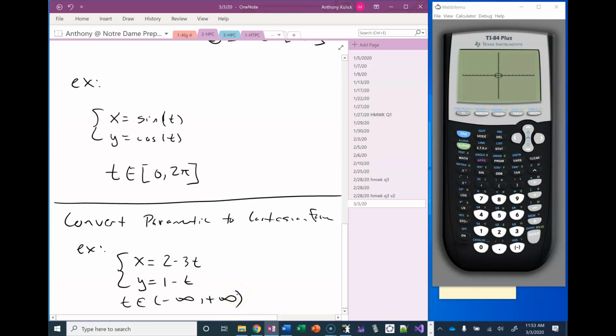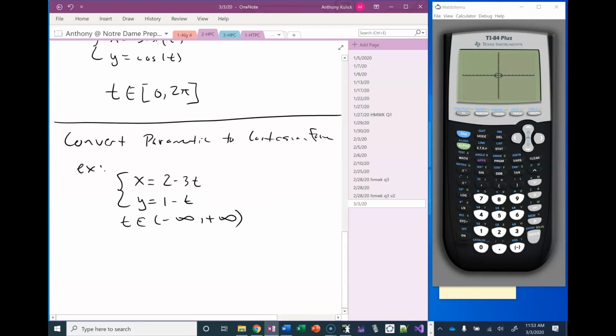So let's say we have the parametric equation x is equal to 2 minus 3t, and y is equal to 1 minus t, where t is on the interval from negative infinity to positive infinity. So how many variables do I have in this parametric equation?